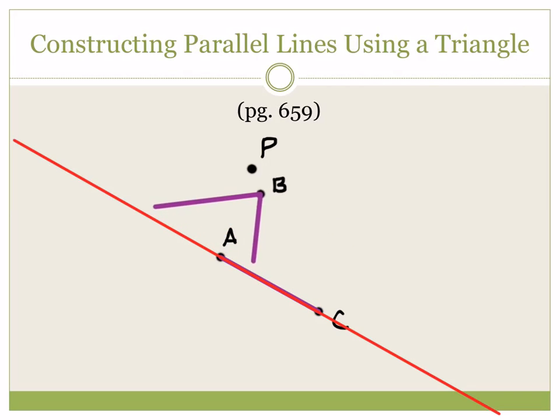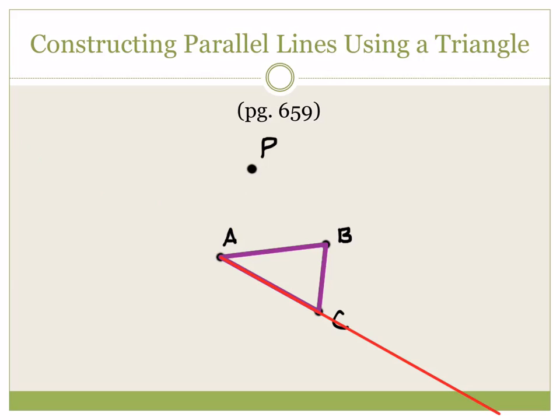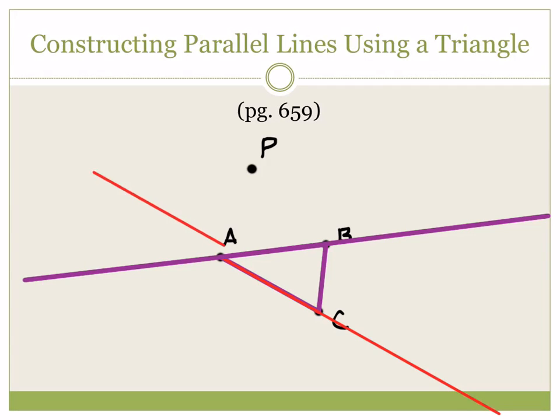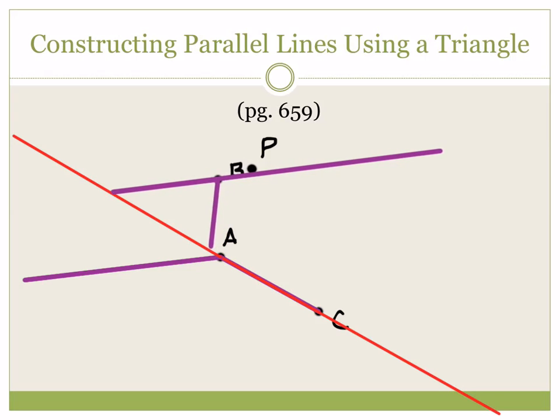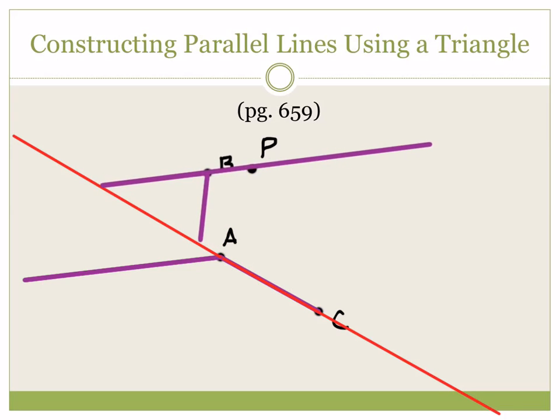Let me extend the line for AB to be longer, otherwise it won't actually hit point P. Okay, I think that works. So I'm going to slide this image up along my line. Those two edges still have to be along the red line, and I'm going to slide it until I hit point P.